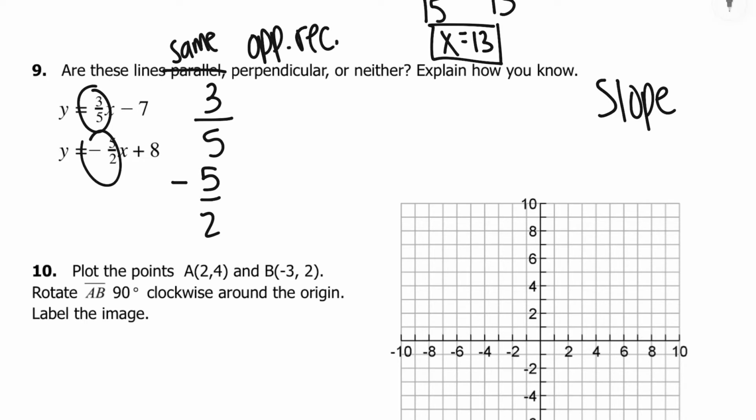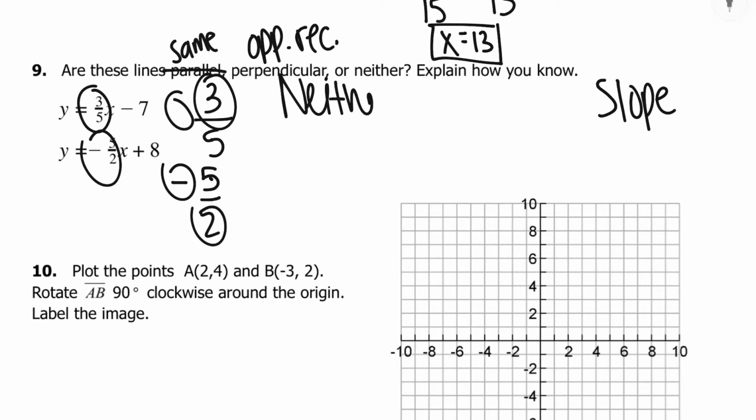So what that means is two things have to happen. The fractions have to flip and the signs have to change. So the sign did change, but the fraction flipped for just the 5, but the 3 and the 2 are not the same. So that's a problem. So it's neither. I'm going to just show you that if we had 3 over 5 and negative 5 over 3, those would be opposite reciprocals because you're flipping the numbers and changing the sign.